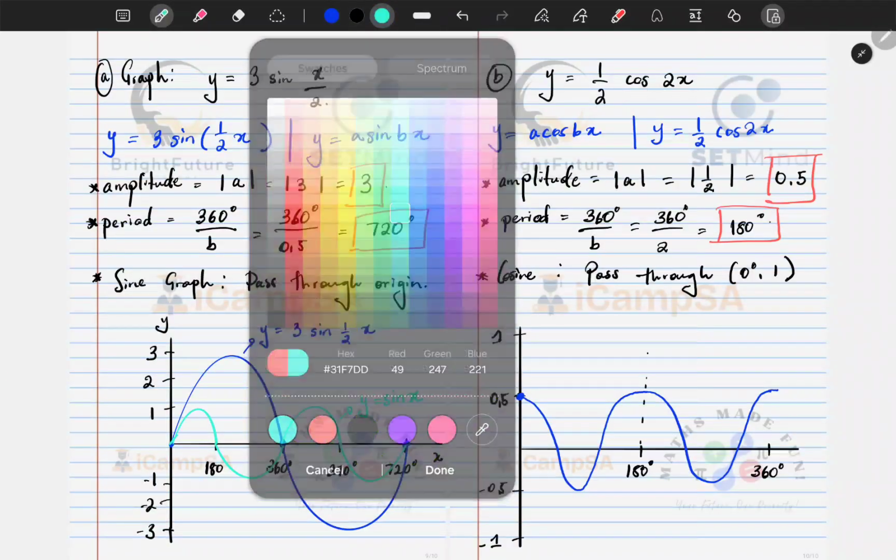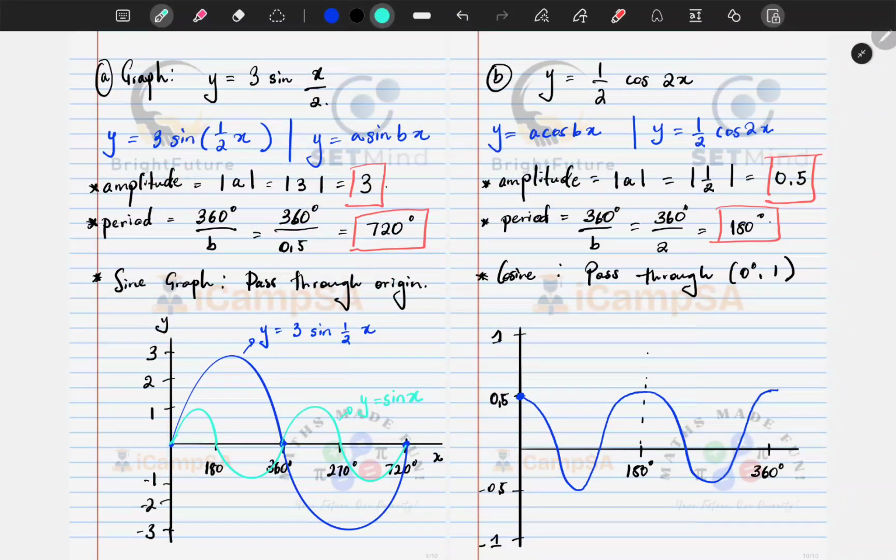If we draw the original one, it would have started from here, passing through somewhere and turning on here. So ordinarily this is how this one would have looked.